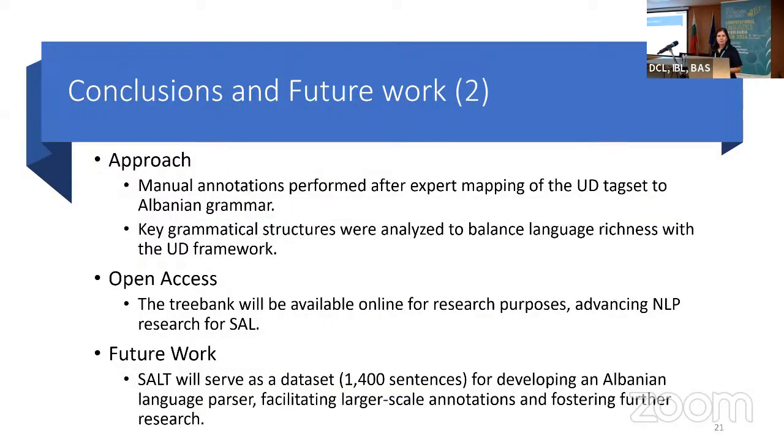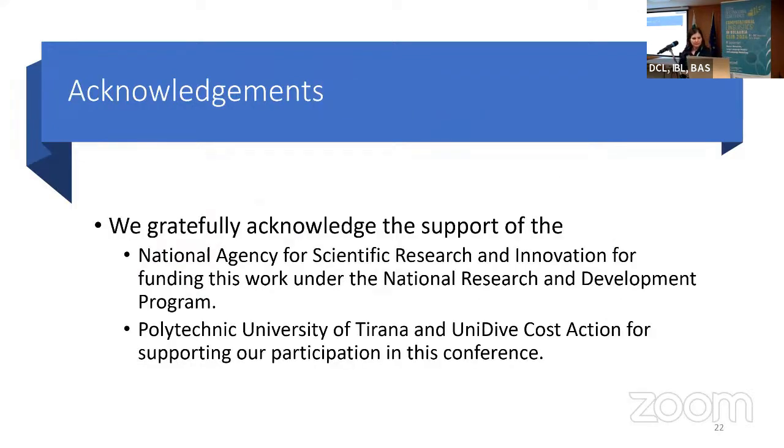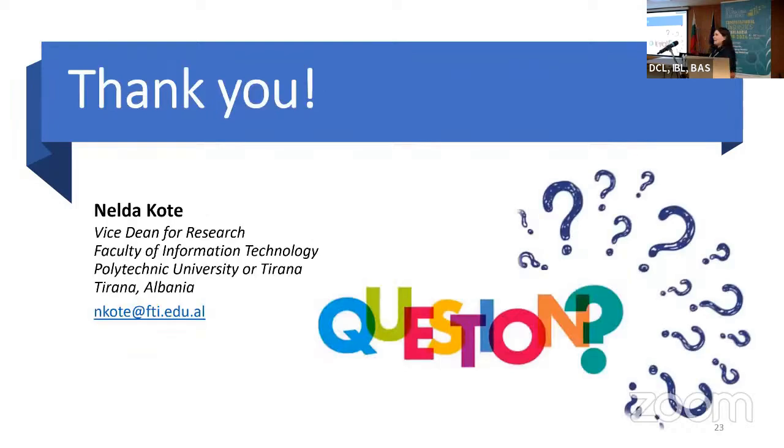When we finish the corrections that UD needs us to do, we will publish our data set online on the website, and it will be open for access. And also, we will retrain a language model, a parser, using this Treebank. Thank you.